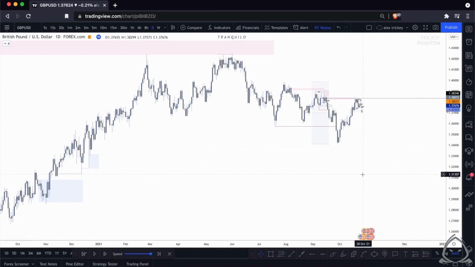Just like with all of my trades, I always like to start on the higher time frames and build the bigger picture. Because if you think of yourself as an artist, or a painter, they sign the signature at the bottom right or bottom left of a painting once it's been finished. They don't sign the painting before they've painted the picture. It's the same with trading.